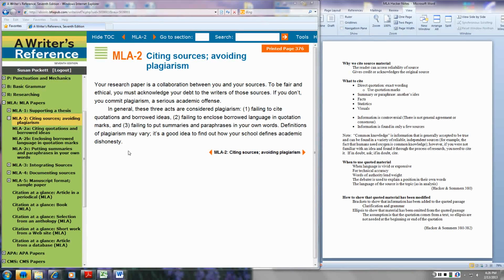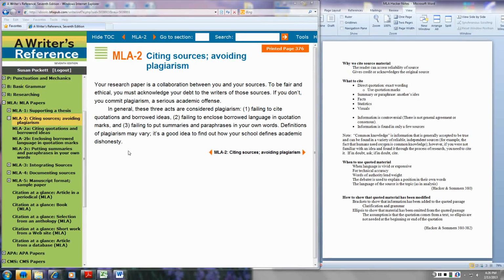And then we've already looked at a little bit about what we are to cite. We are to cite direct quotations, which means things where we borrow someone else's exact words, and we're to indicate that it is someone else's exact words through the use of quotation marks. We are to cite summaries or paraphrases. We have taken someone else's ideas and put them in our own words.